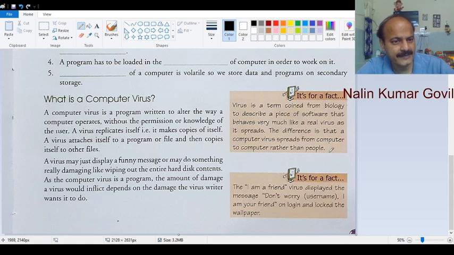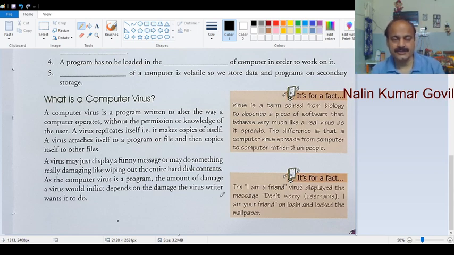Number one, the computer virus is a program. First thing very important, computer virus is a program. To alter the way the computer operates without the permission means that it enters into the computer system without taking permission from the user and without the knowledge of the user.